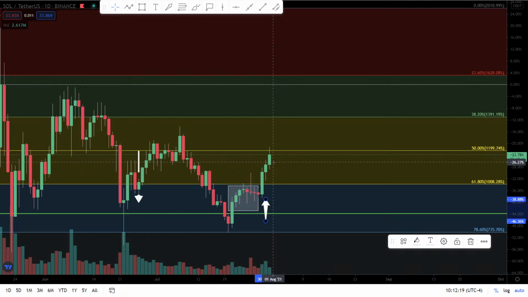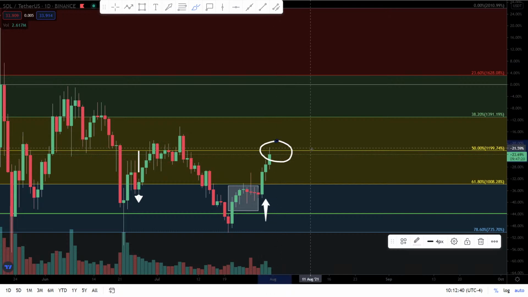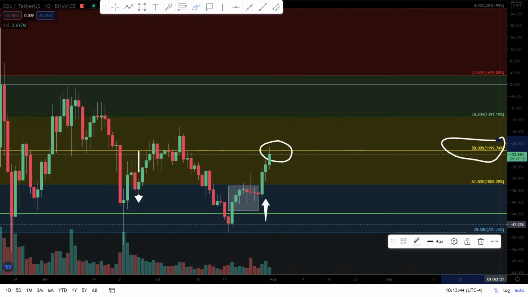Professionals exit their trades on the uptick. They've entered their trades at the 61%, and price is heading to the next resistance. It's time to begin to take profit, because we're not sure what is going to happen at another resistance, the 50% price level. And that's all it is.